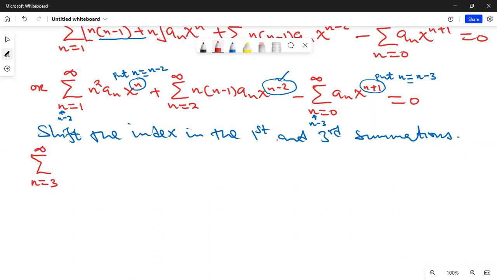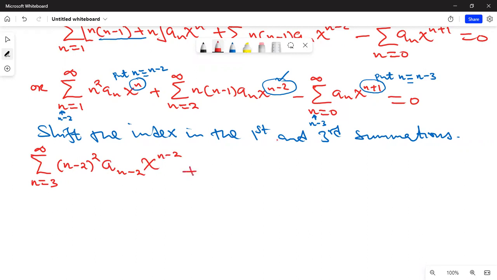Because where there is n, I'm putting n minus 2. So n minus 2 is equals to 1. When you make n the subject, you get n is equals to 3. Instead of n squared, where there is n, you put n minus 2. So it will be n minus 2 squared, a subscript n minus 2, then x raised to n minus 2. I've replaced every n in the first summation.